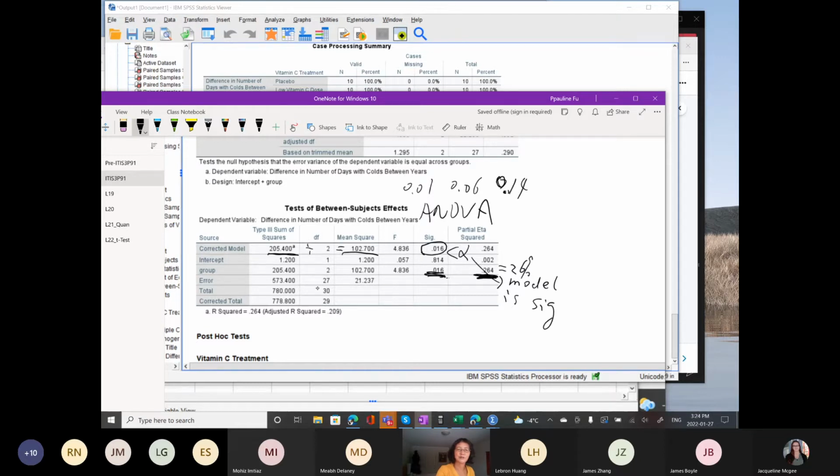Those are the relationships, okay? So for example, use 573 divided by 27, you get this value. This is the mean square and the sum of squares.